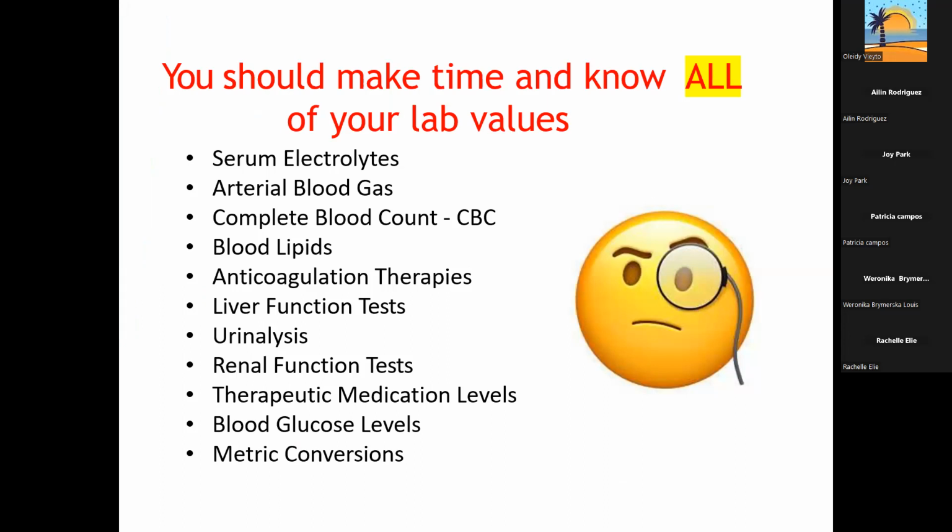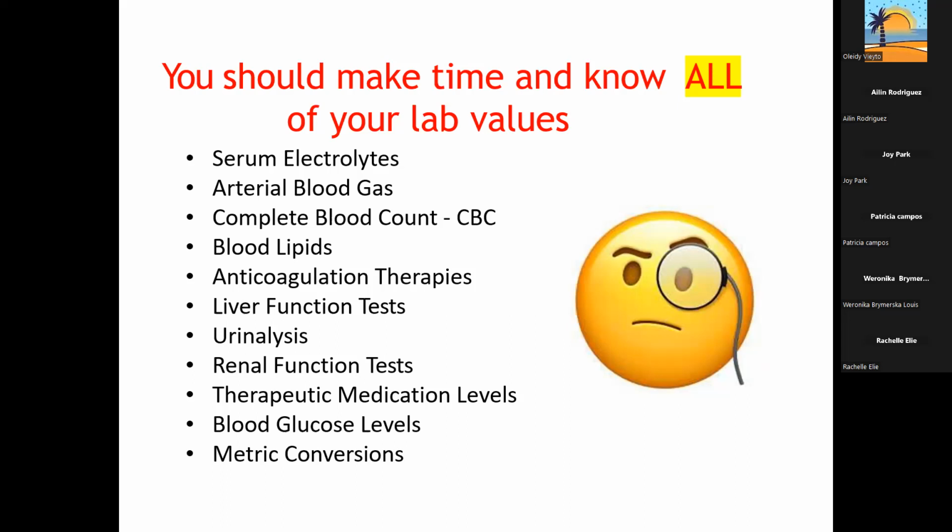All of this: your serum electrolytes, your potassium, magnesium, calcium, chloride, your ABGs, your pH, your CO2, your bicarb, your CBC, hemoglobin, hematocrit, platelets, your blood lipids, triglycerides, lipid panels, anticoagulation therapies, PT, PTT, INR, liver function tests.